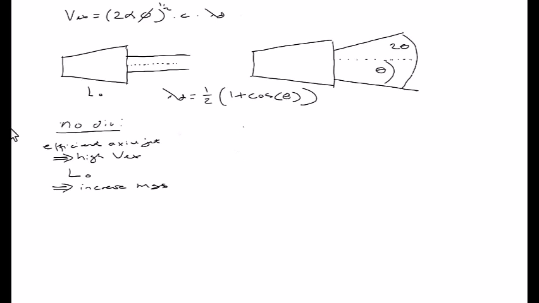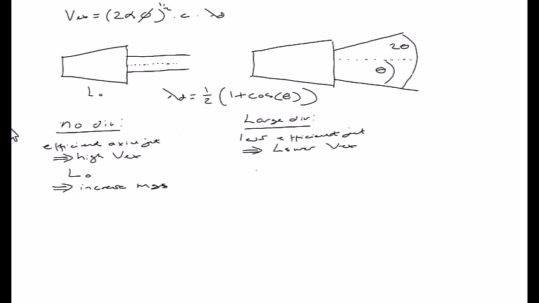In the other scenario of a large divergence, we have a less efficient jet, which implies a lower exhaust velocity and therefore lower specific impulse.